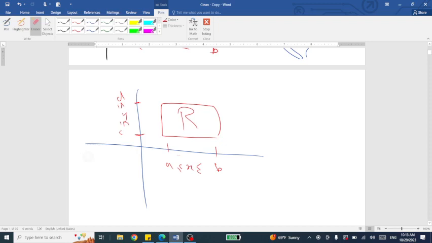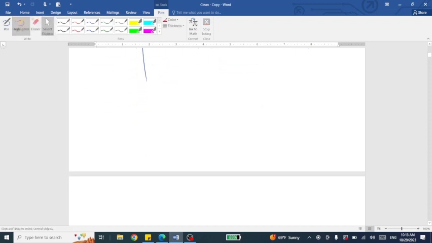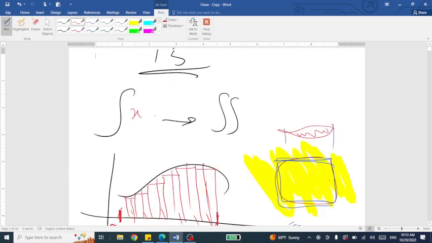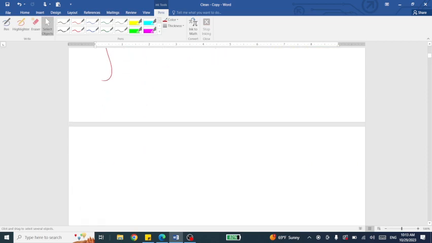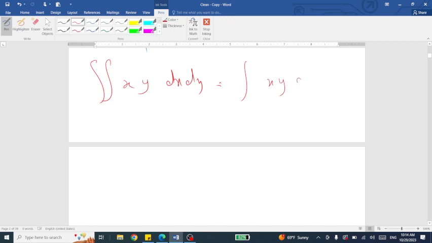If you have the integral of x y dx dy, which variable do you like? For example, I say I'm going to solve dx first, then dy.